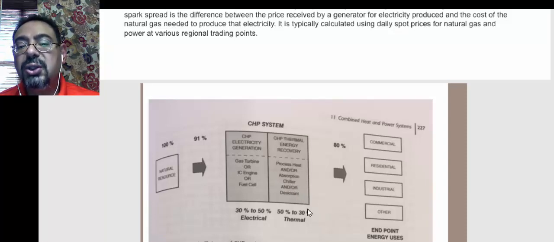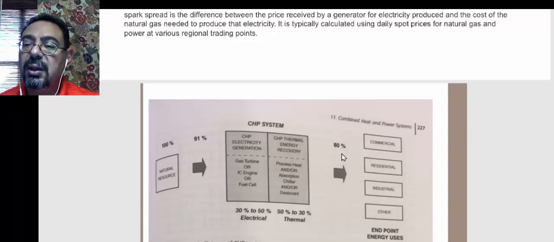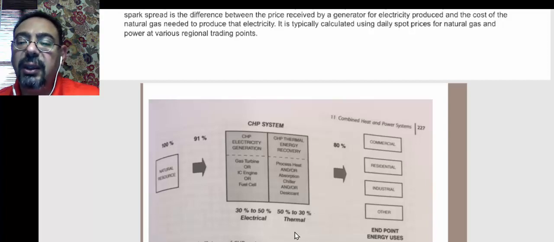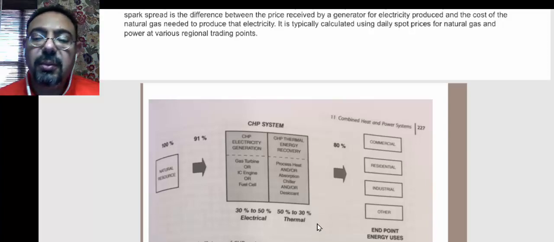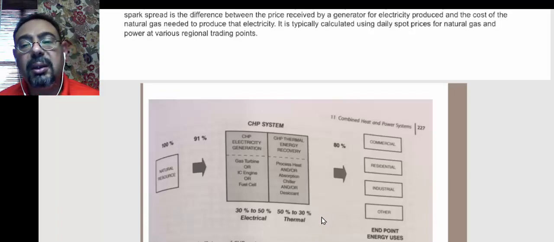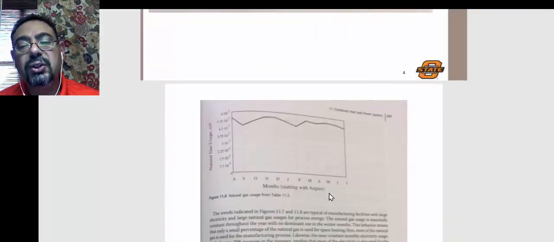Okay, and so when you do this, the natural gas that you are paying for, you end up having an 80% efficiency of it, some electricity and some heating, right? So 50 and 30 or 30 and 50, depending on the system that you're gonna use. So that is the idea behind combined heat and power generation.